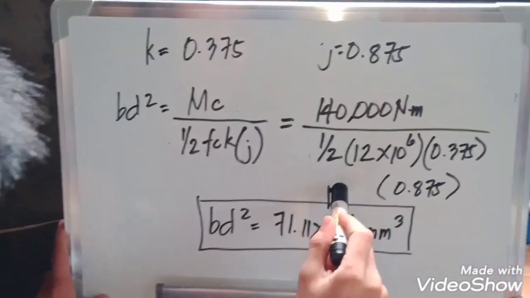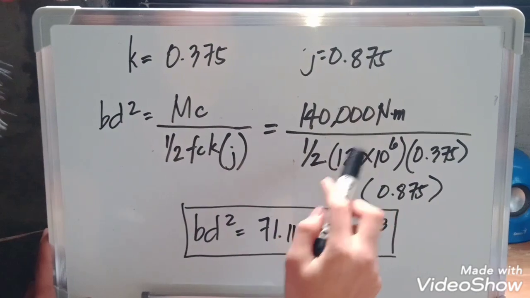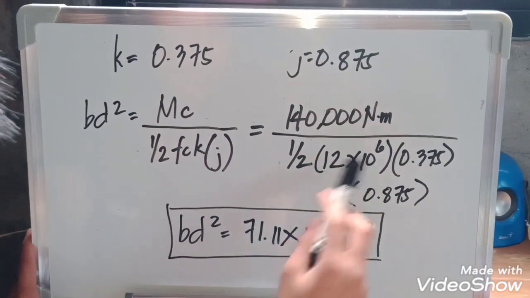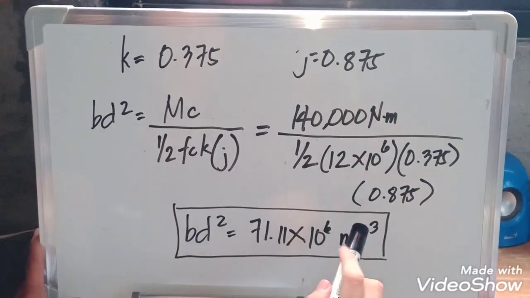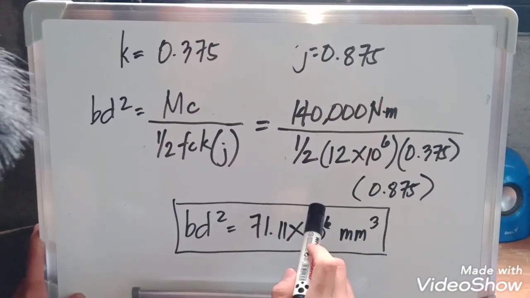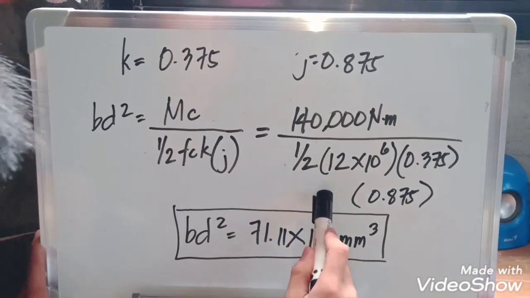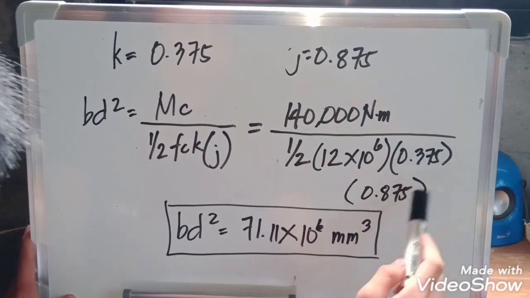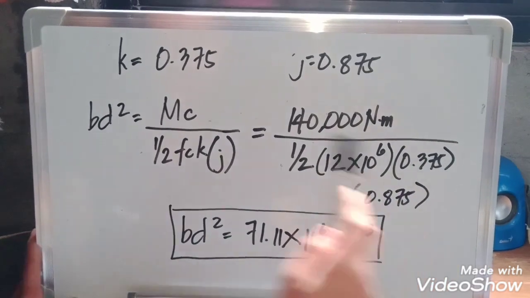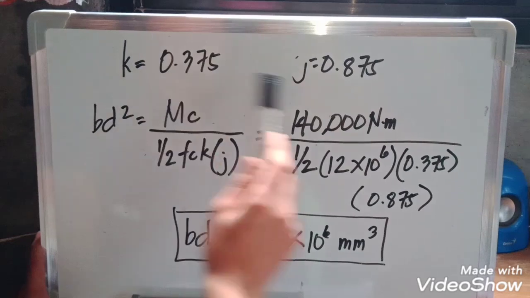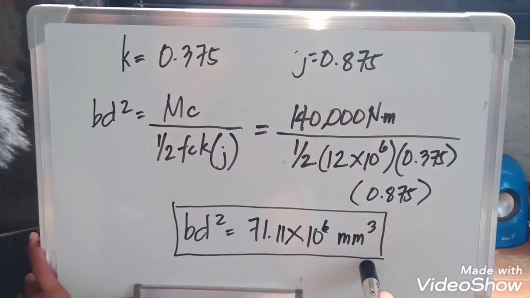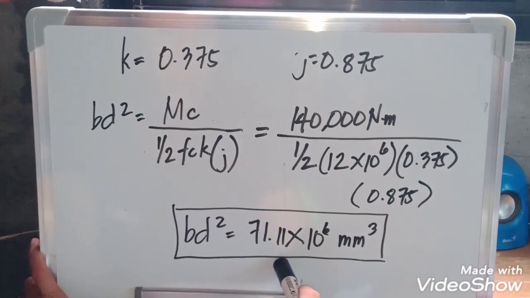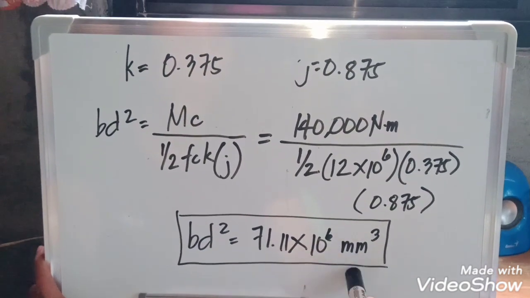We observed that 140 kilonewton meter from the given was converted into 140,000 to make it only newton meter. And we have divided it by 1/2 times 12 times 10 to the power of 6 times 0.375 times 0.875, which are our k and j, resulting in a value of bd squared equal to 71.11 times 10 to the power of 6 cubic millimeter.